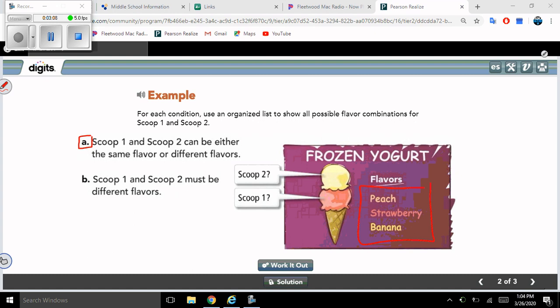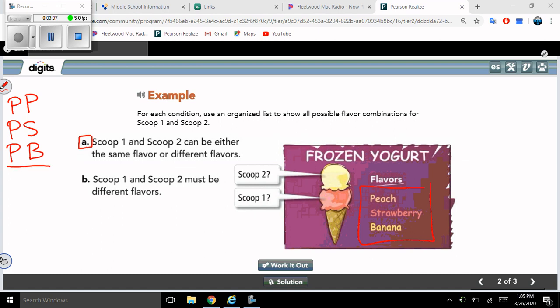And so you're going to want to use, for example, what are all the different situations that you can come up with where the first scoop is peach? So over here, I'm going to go peach, followed by peach, the second scoop. You could go peach on the first scoop, followed by strawberry on the second scoop. Or you could go peach on the first scoop, followed by banana on the second scoop.